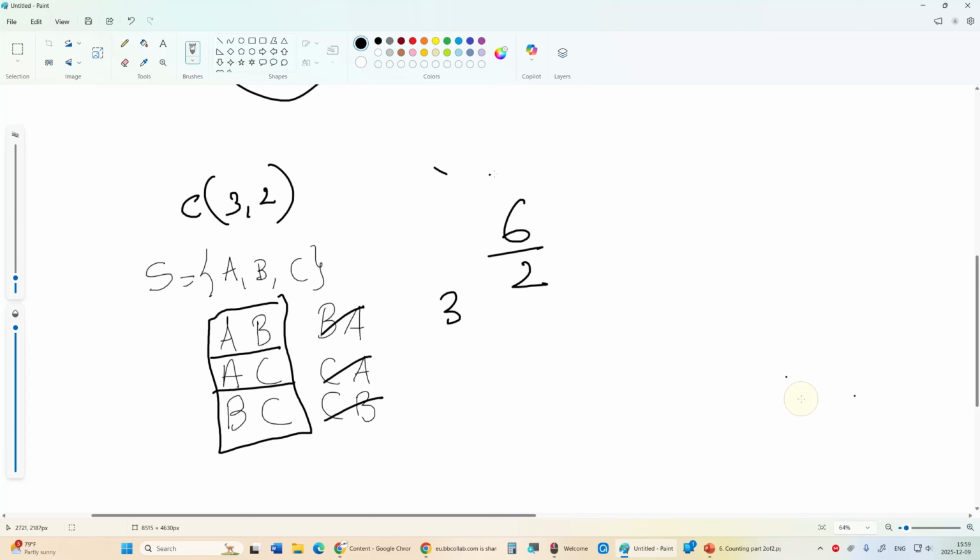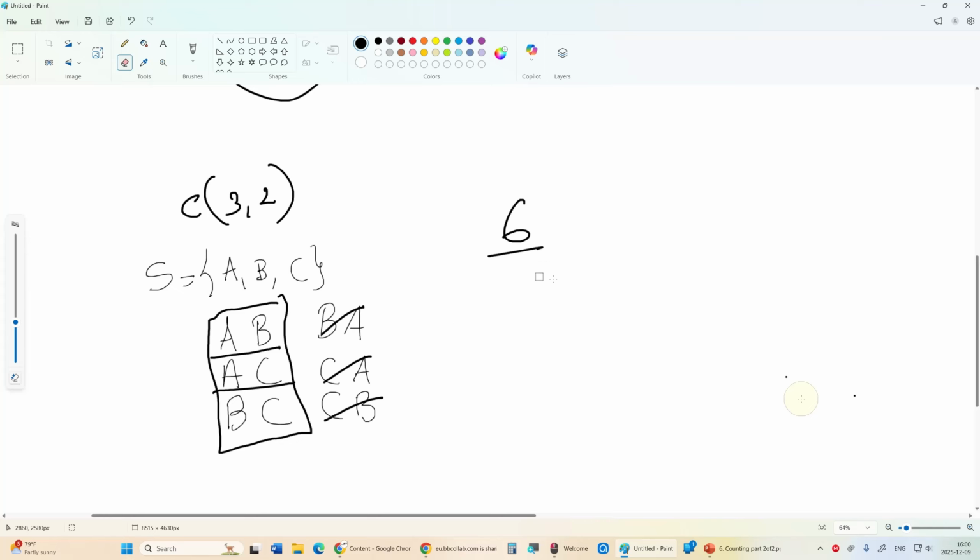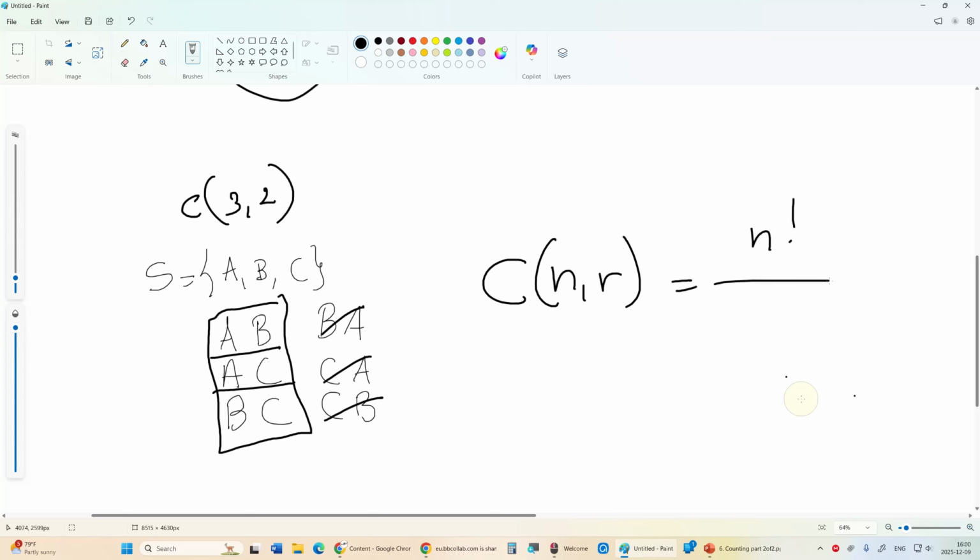So now, what's the formula that is going to do the same thing? The formula is the following. This one is kind of interesting, but I'd like to show you how this works. If I choose r from n, it's going to be n factorial divided by (n minus r) factorial.